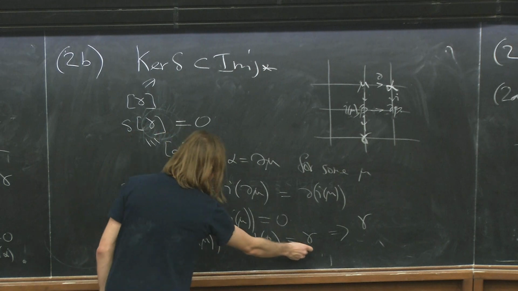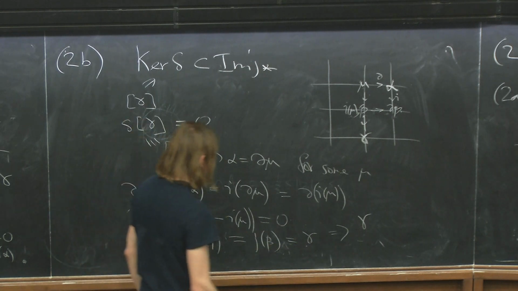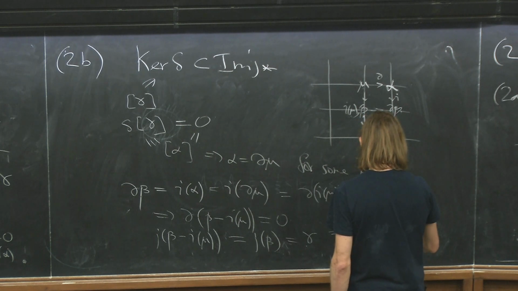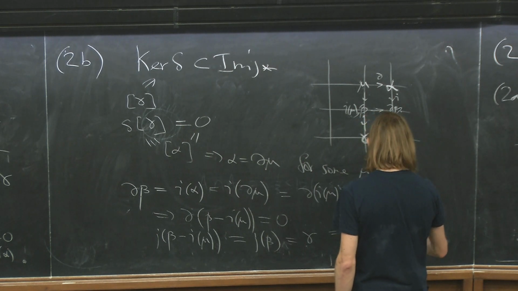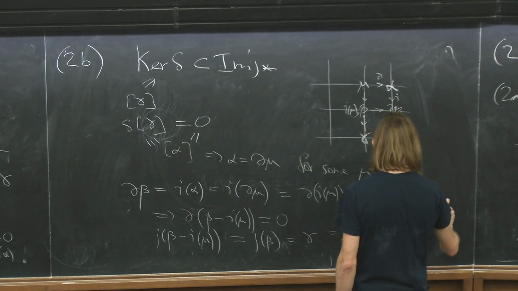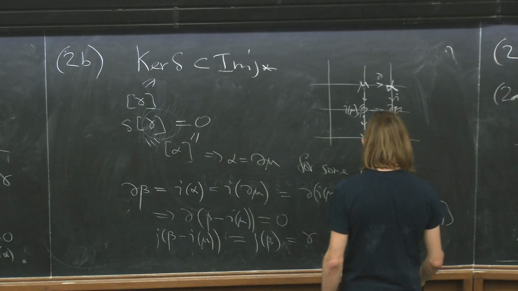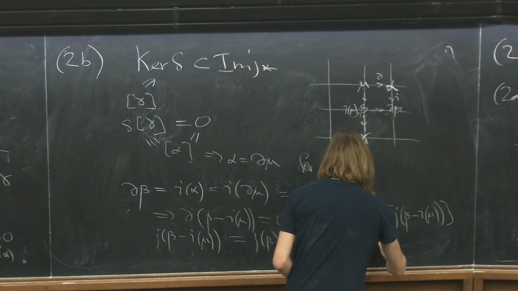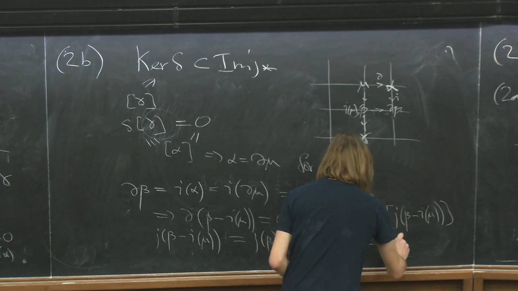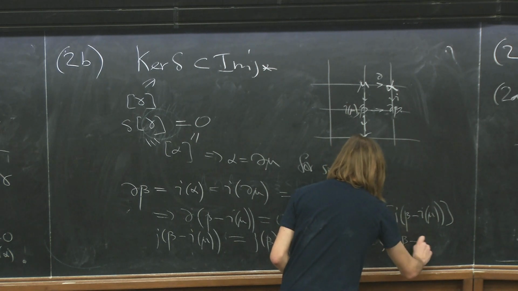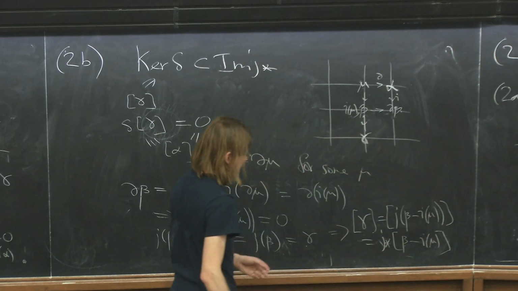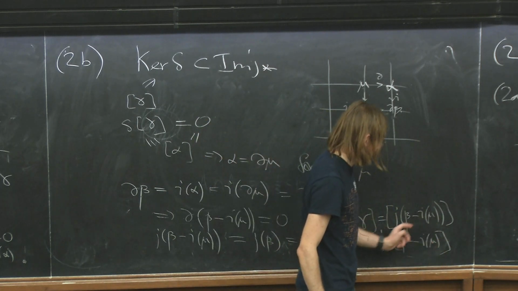So by looking at the equality gamma equals this, we can conclude that the class of gamma is equal to the class of j applied to beta minus i of mu. And this is the same by definition as j star applied to the class of beta minus i of mu. This is a valid thing to consider because this is killed by d.